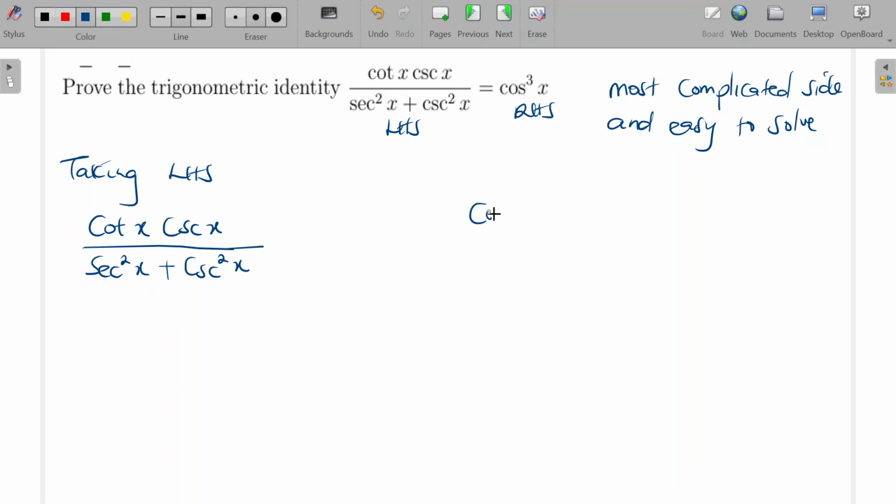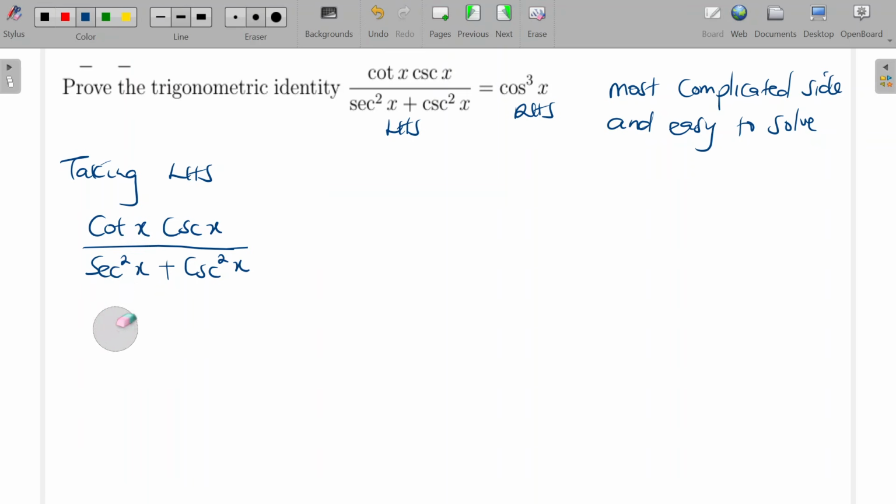For example, cot is the reciprocal of tan, cosec is the reciprocal of sine, and sec is the reciprocal of cos. Knowing this, you're going to rewrite this question in that form.